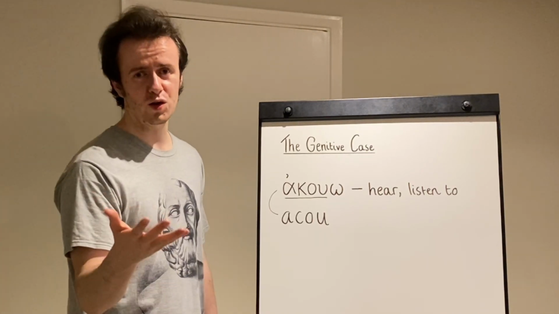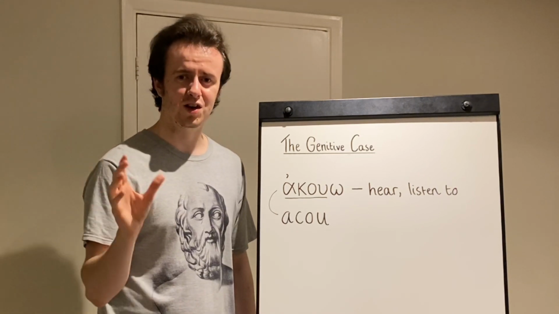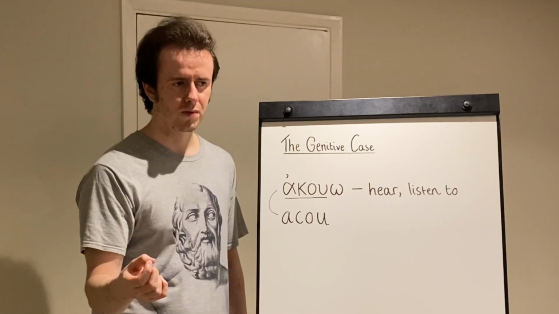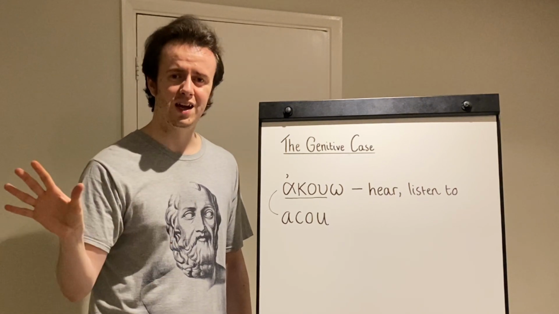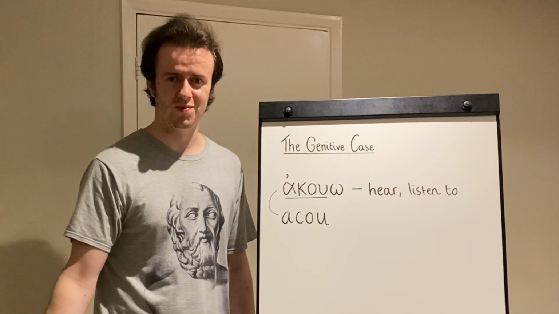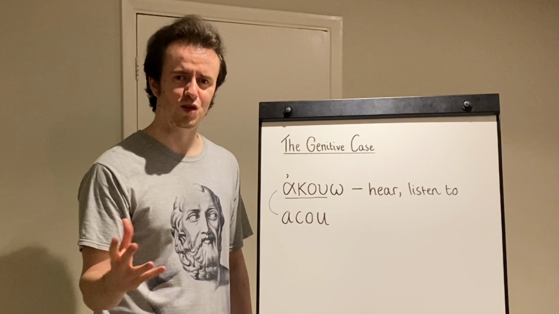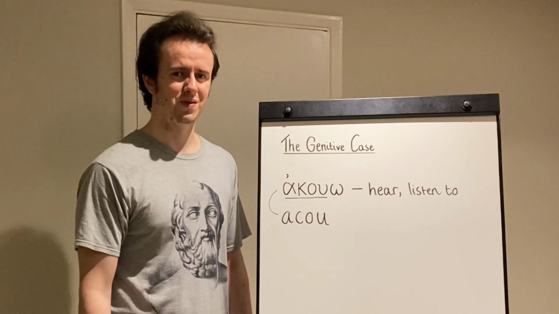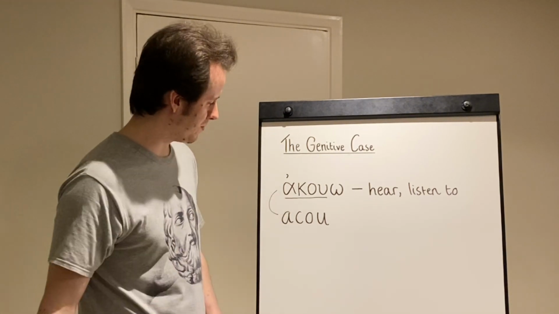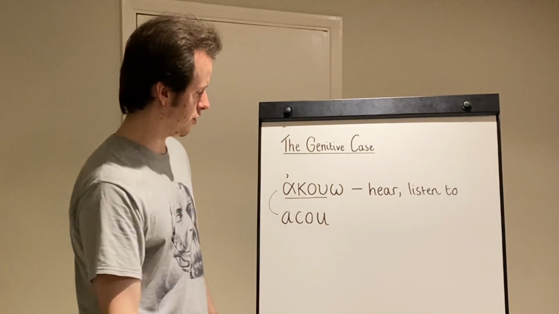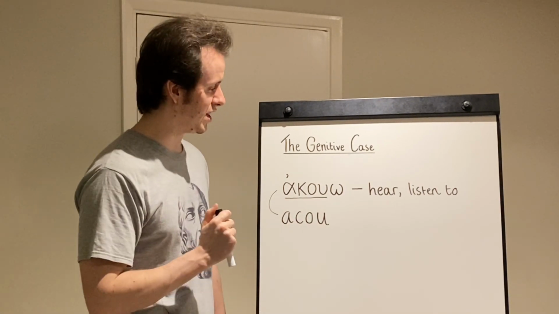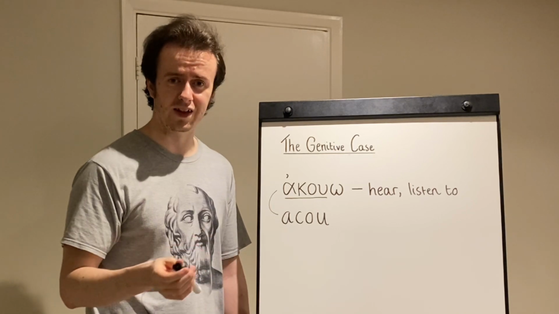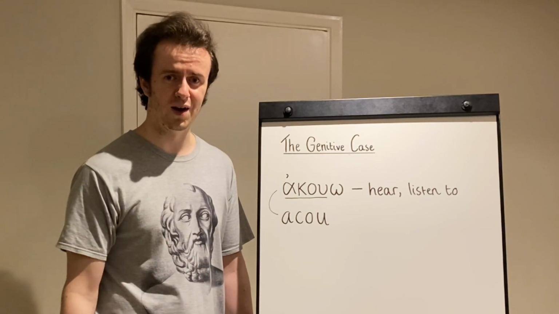Or in the case of an acoustic guitar, there the word acoustic means only having the natural sound of the guitar without any electrical amplification. So that word acoustic is always to do with sound in some sense. And we get it from akouō, the verb to hear or listen to. So add that verb to your vocabulary list and prepare to see it in one of the 6 sentences that I shall put on the board now.